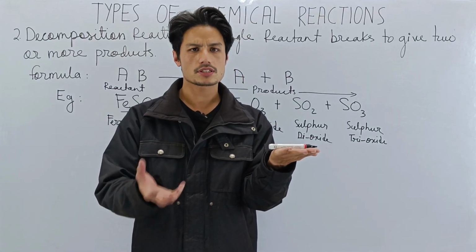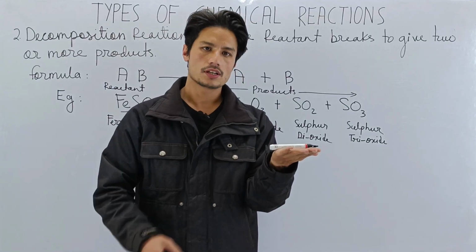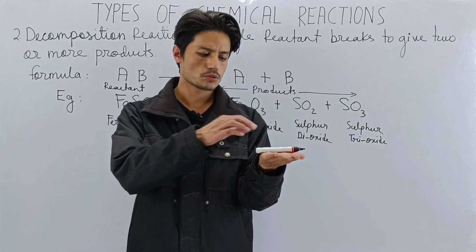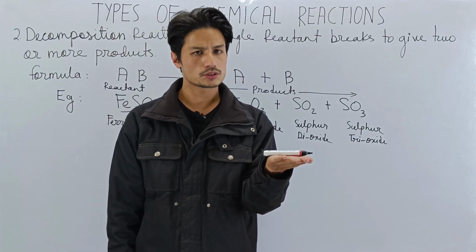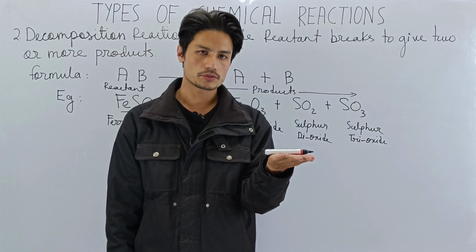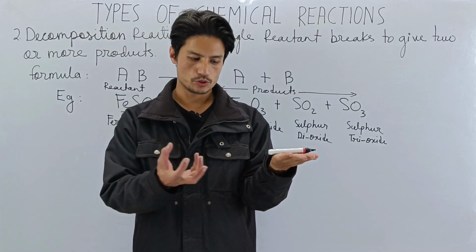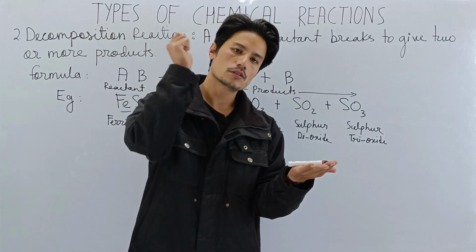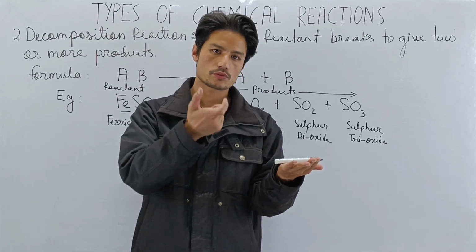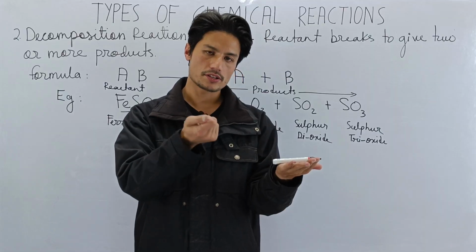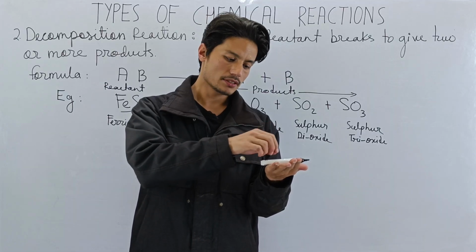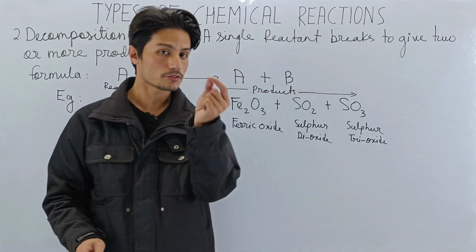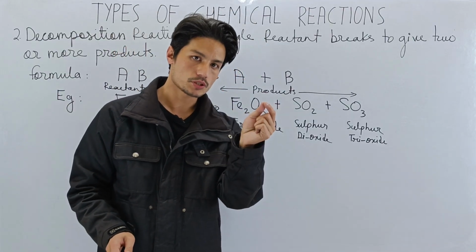Or if I give you a stone, will the stone break by itself? No. What you have to do? You will throw it on the floor with great force, or bring a hammer and start hitting the stone. Because of the impact, because of the energy supplied by you, the stone will break, isn't it? So an external force is required.